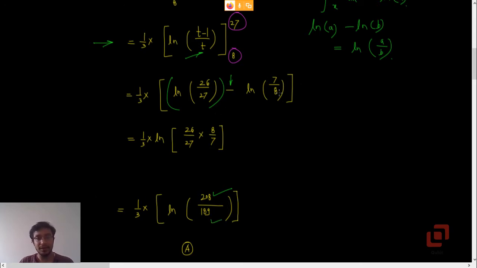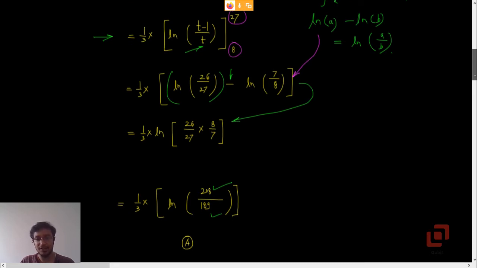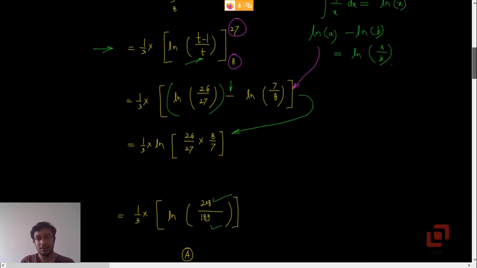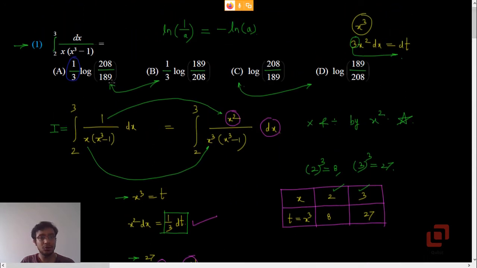Now while simplifying this step to this, we have again used the property of logarithms: log of a minus log of b is log of a upon b. So let us check 1 by 3. Now we have to check the fraction inside the logarithm, 208 upon 189, so definitely option A.